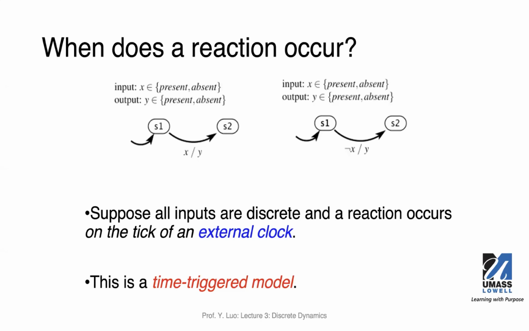So for the traffic light example, you could definitely use a time-triggered model to count the remaining seconds for staying at a certain state, or giving out certain lights. That's a good application for a time-triggered model.